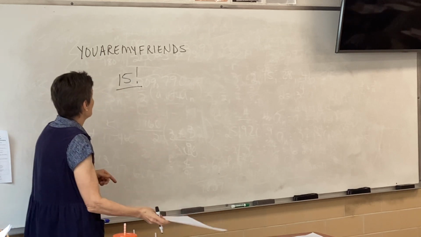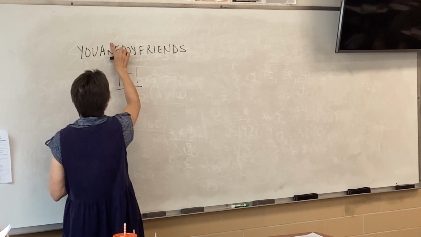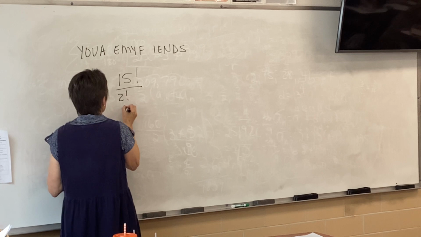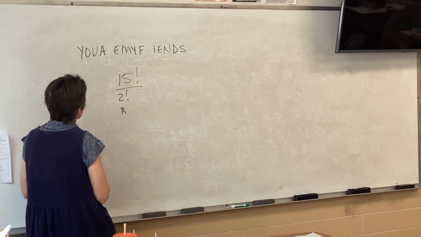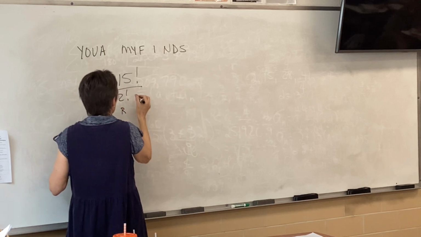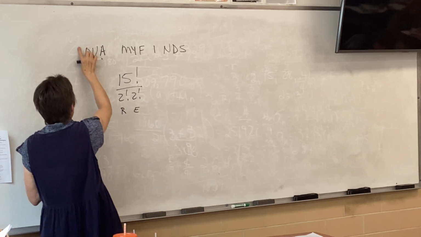Then what do I need to do? Find the multiples. I see a couple of R's right off the bat, so I'll take those out. And there's a couple of E's. There's a couple of Y's.